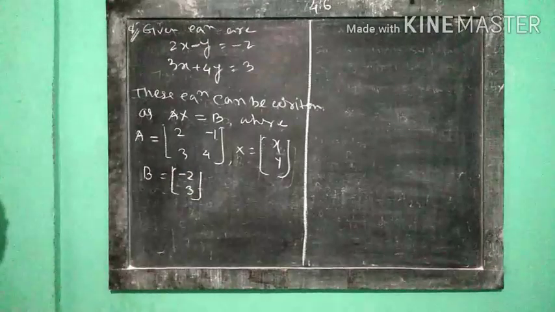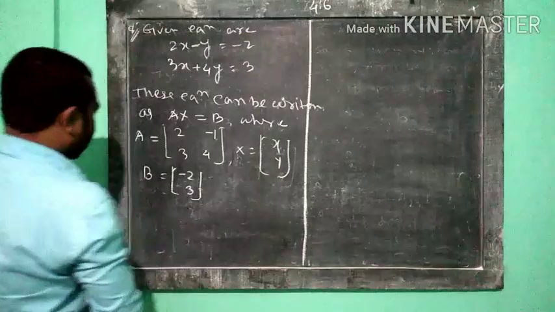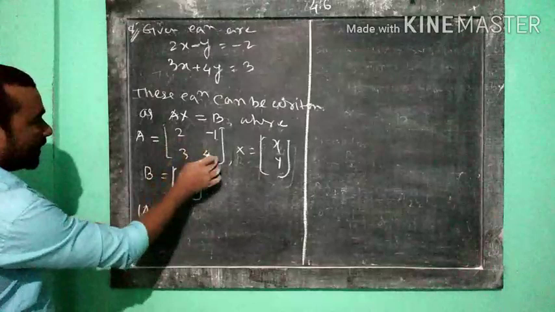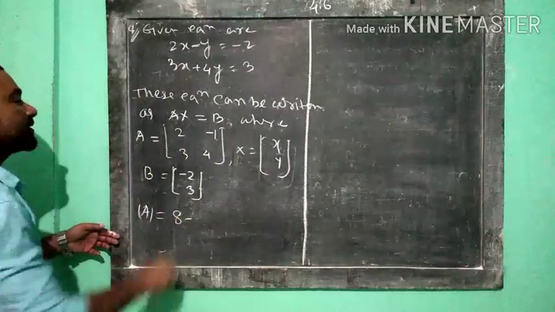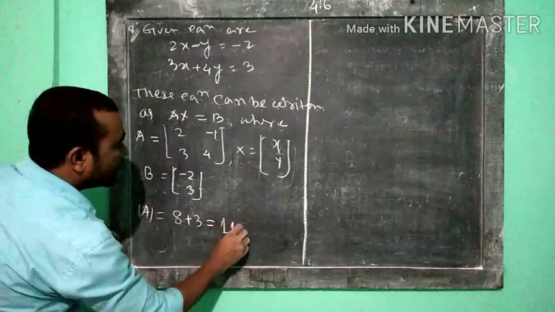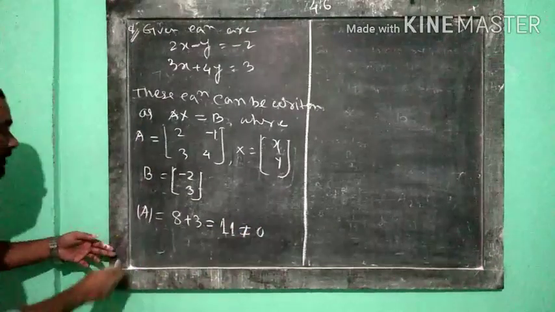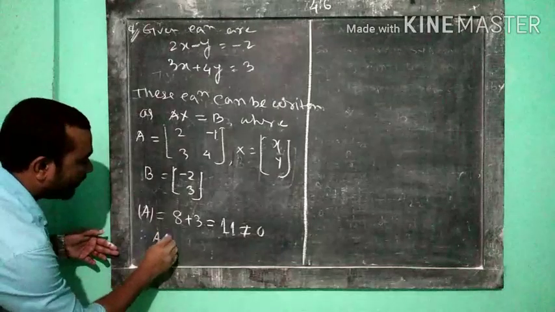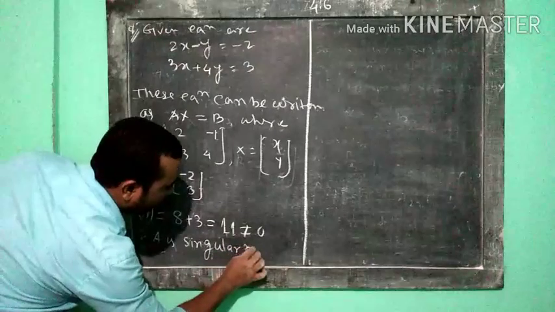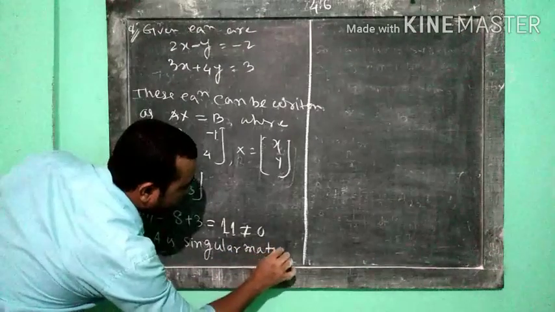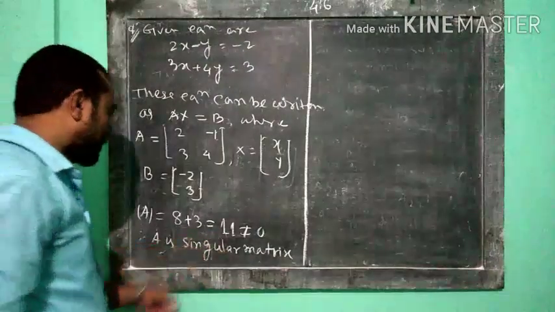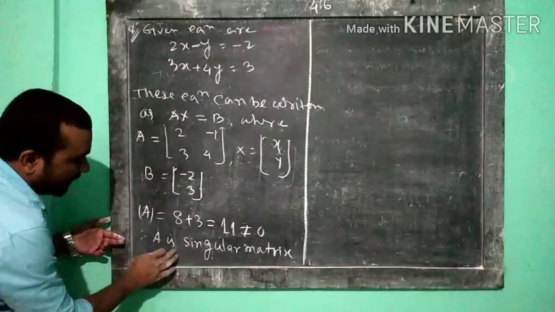Okay, now check determinant of A. Determinant of A equal to what? 8 minus 3 times minus 1, that is 8 plus 3, equal to 11. This is not equal to 0. Therefore A is non-singular.